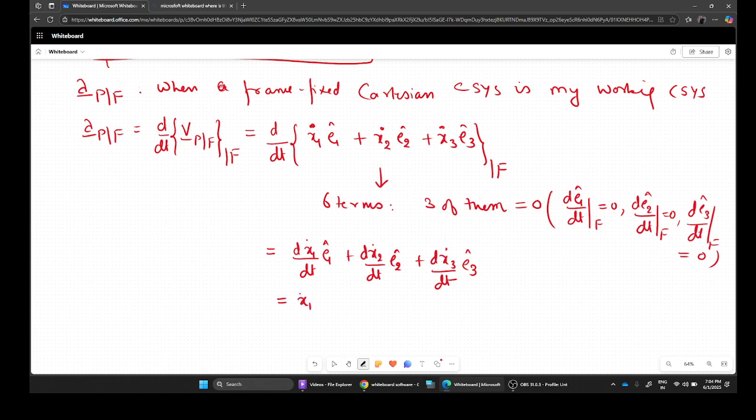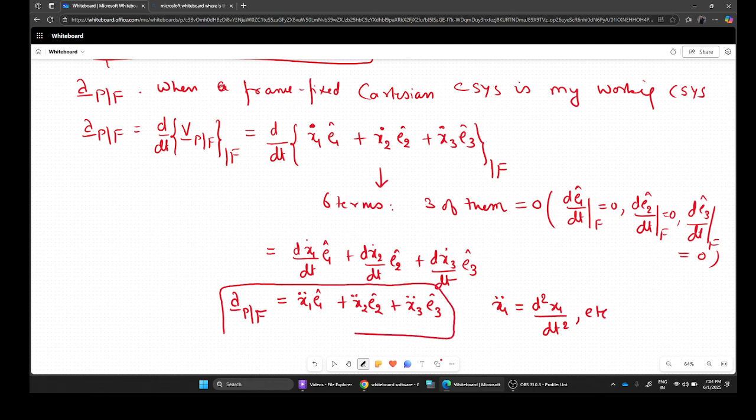And now I am going to use 2 dots to denote the second derivative of a scalar. Right, etc. So this is my expression for APF.